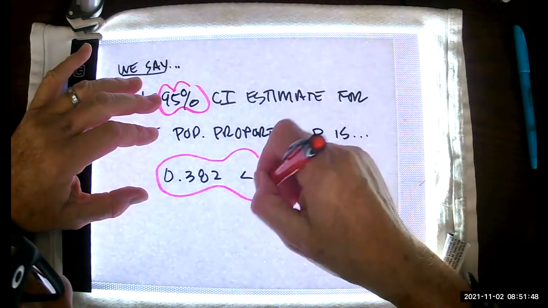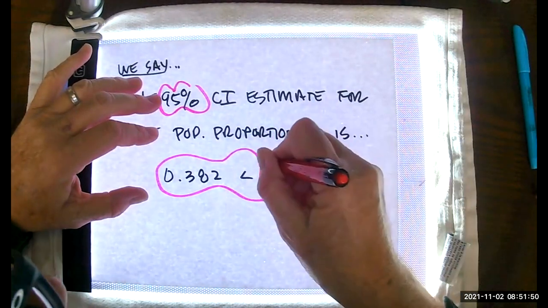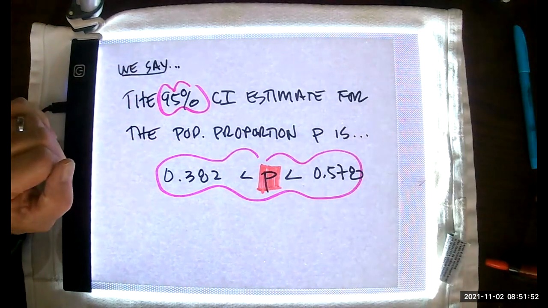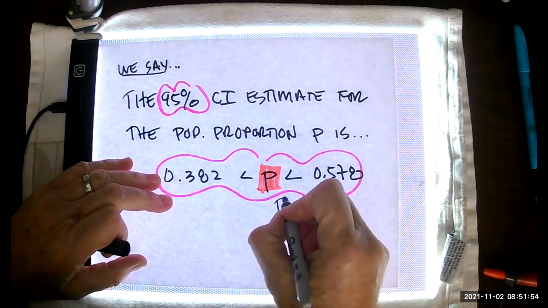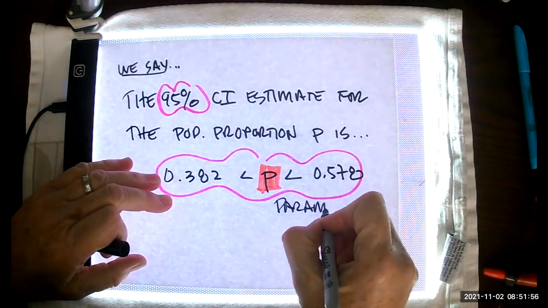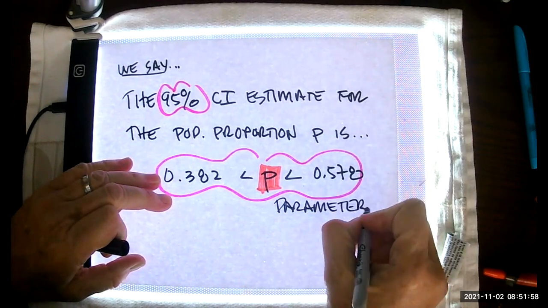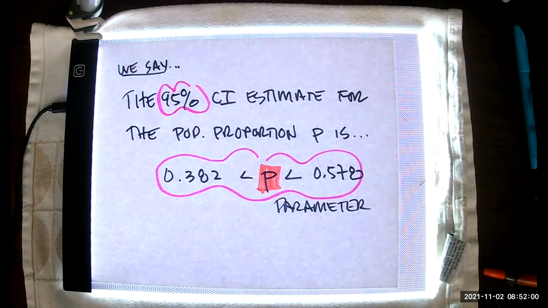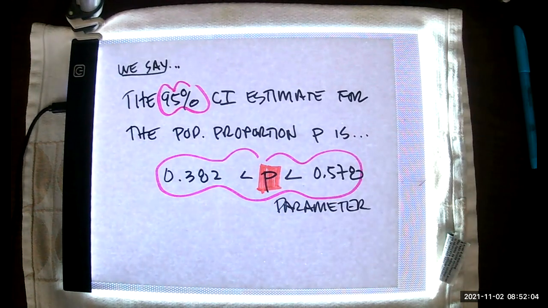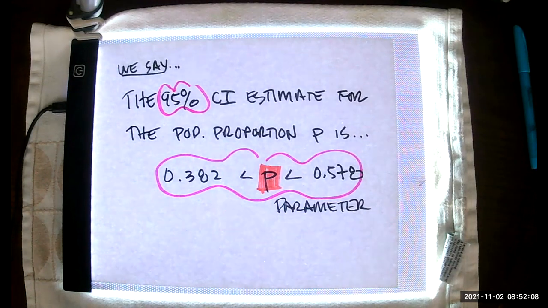And I will call out the p here. This is the parameter we are estimating. I made an assumption that my coin was fair. Maybe it wasn't. This is one way that eventually we might be able to say something about that. So that's really the way it works.